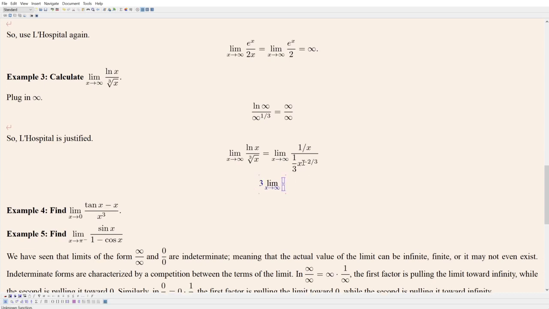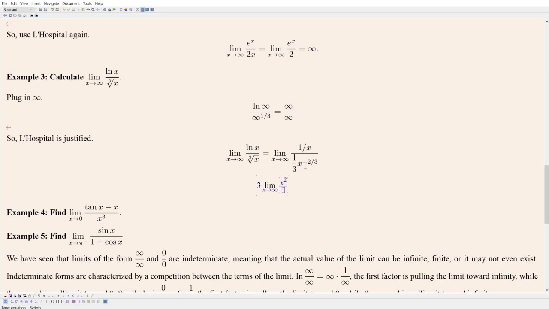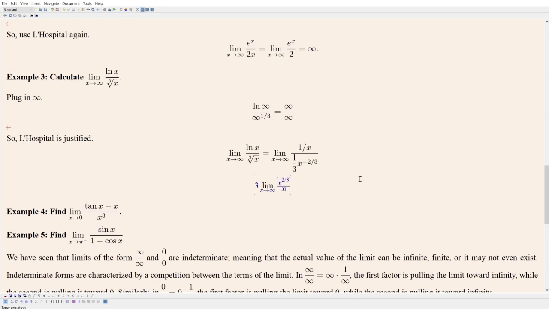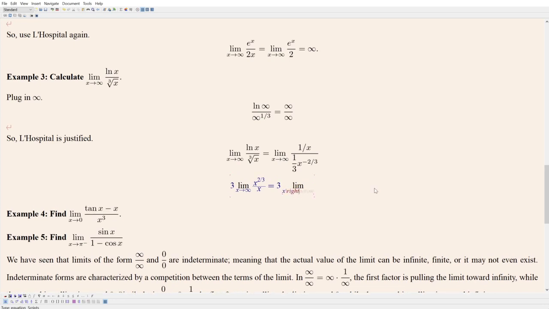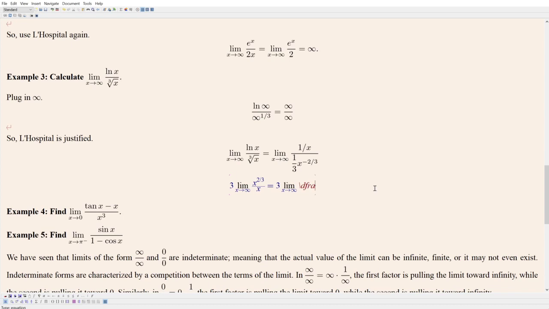Let's see. So we've got a negative 2/3 on the bottom, which means I can put that on the top. And then we have a 1 over x, so I can put that x on the bottom. So 2/3 minus 1, that is negative 1/3.